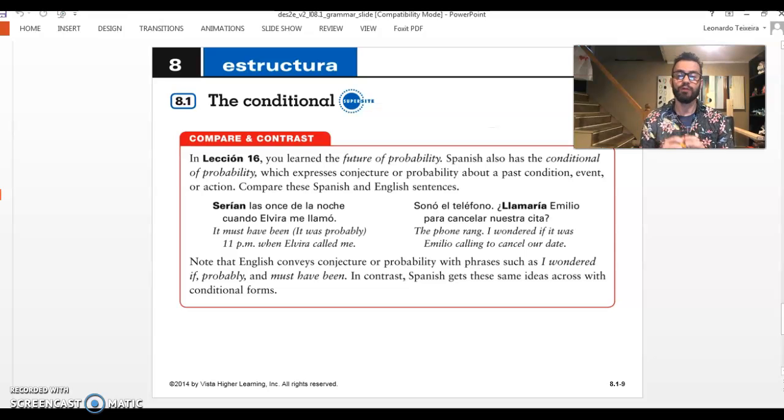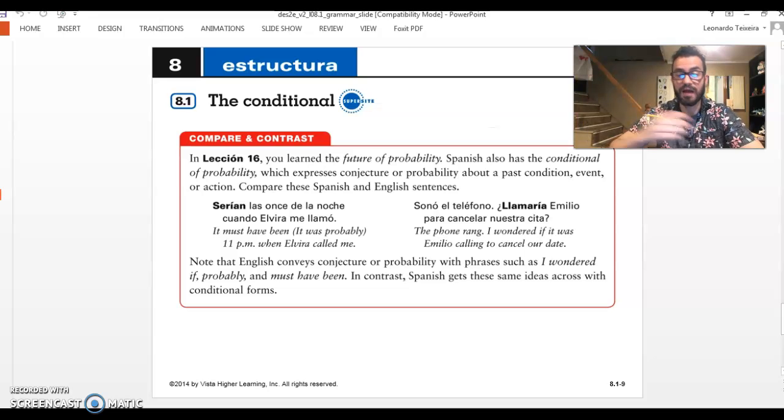So when we talked about probability with the future tense, okay, for example, you're wondering about the weather, and you say, is it gonna rain tomorrow? You see how you say it's gonna rain tomorrow? There is an idea of it's going to happen.